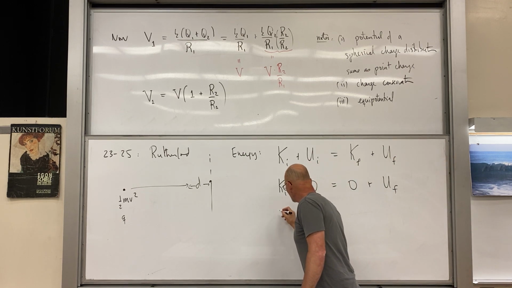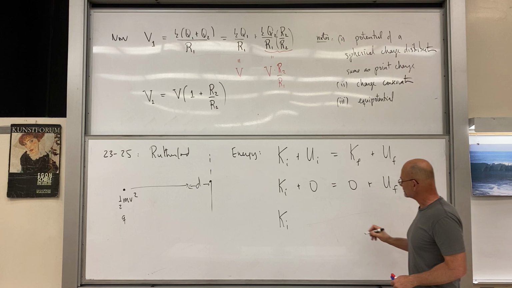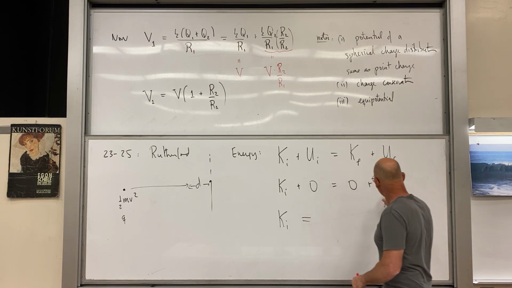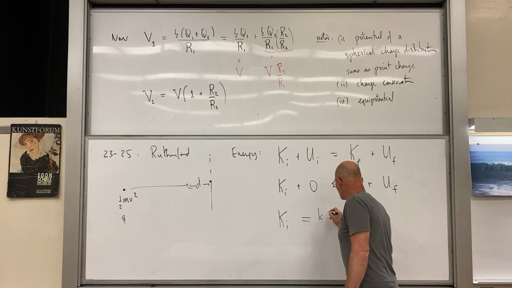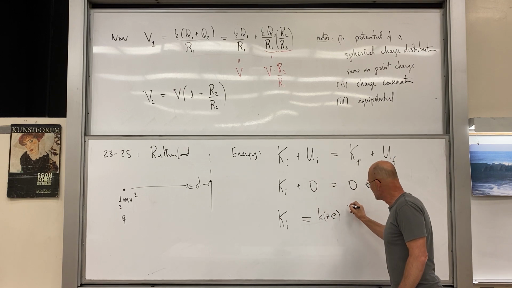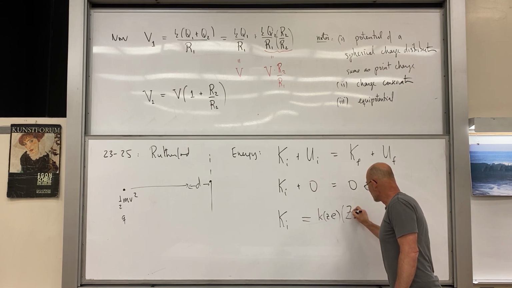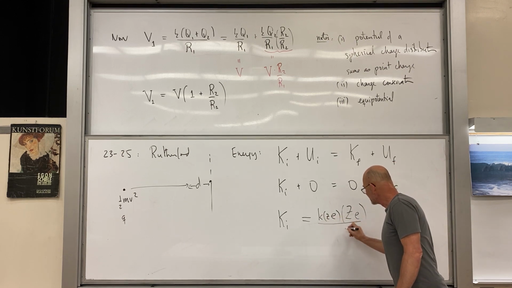This is actually just being given to us in terms of so and so many mega electron volts. Over here, we have, say, the Coulomb constant, the charge on the alpha particle, and then the charge on the gold foil divided by d.